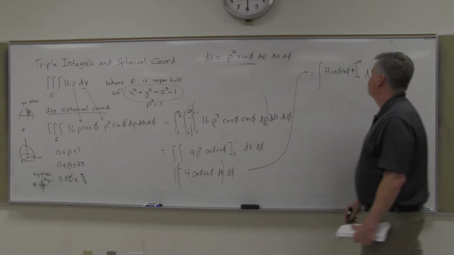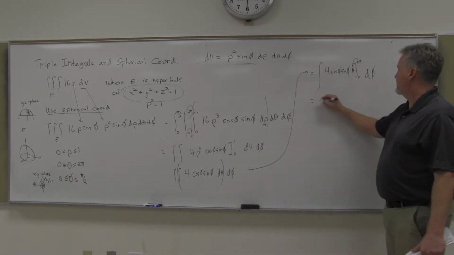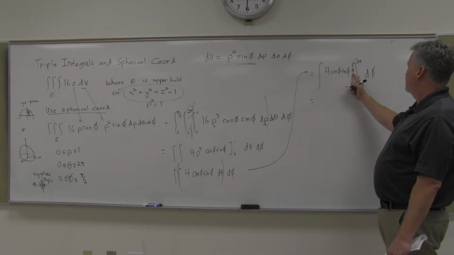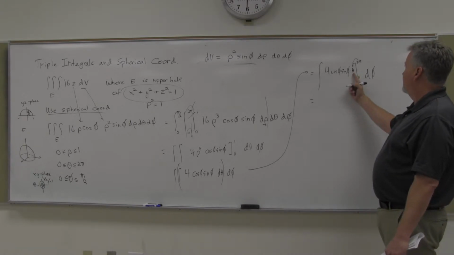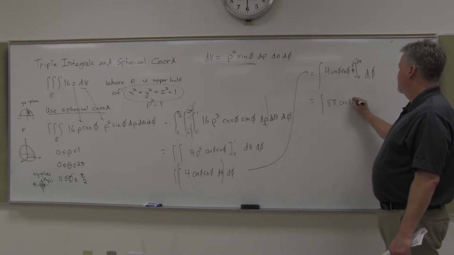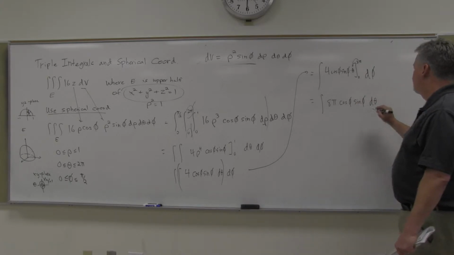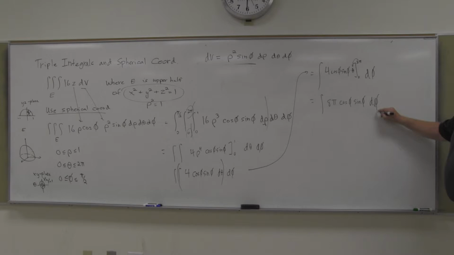So those go in for theta, and that'll be 8 pi, 2 pi there, 0, 0. So 4 times 8 pi cosine phi sine phi. Just have to keep theta and phi separated there.